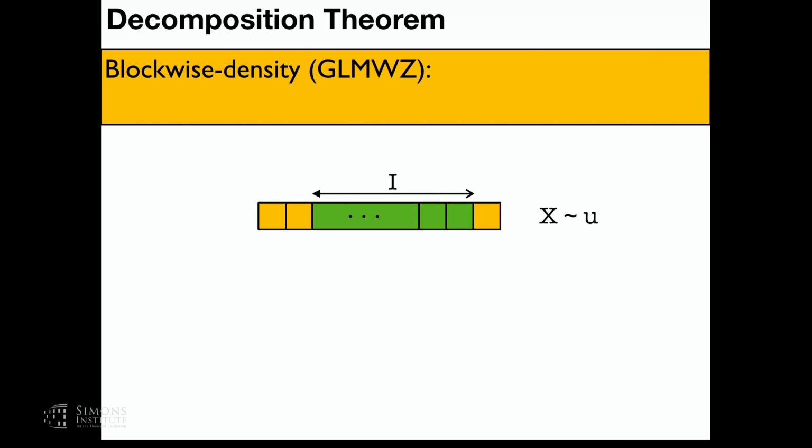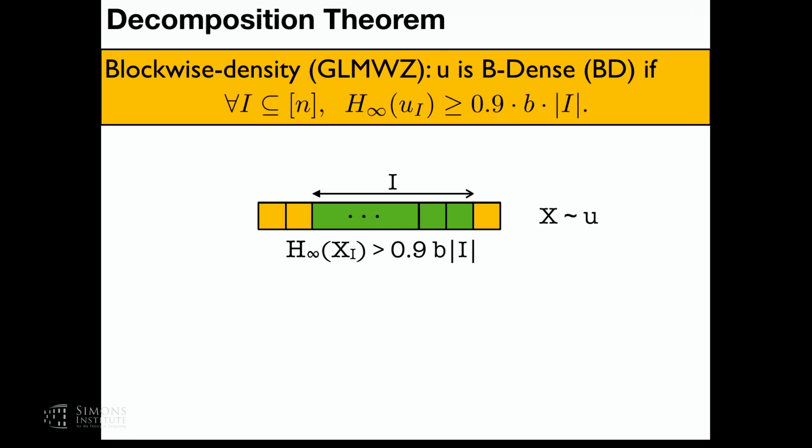We'll say it is blockwise dense if the following holds. If I look at any subset of coordinates, the min-entropy there is nearly the maximum possible. So the min-entropy rate is a constant. In particular, the min-entropy of x restricted to I is at least 0.9 times the maximum possible, which is b times |I|. So whenever this is satisfied, we call x blockwise dense.